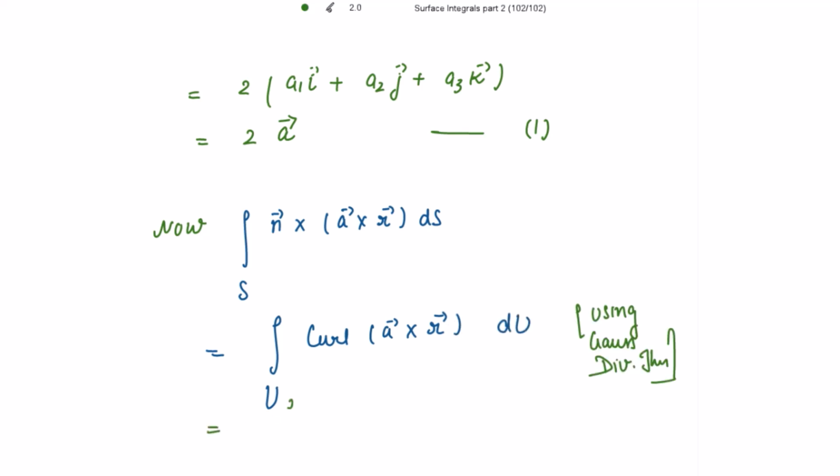What is the curl of a vector cross r vector? It is 2 times a vector, du. This is your constant vector, so I'm taking it outside of this integral. So this is twice of a vector times the volume integral du.